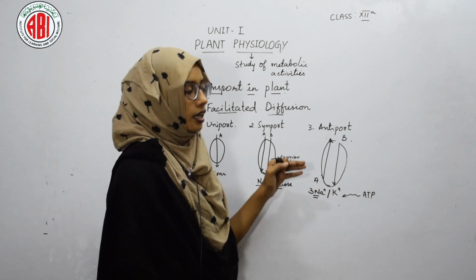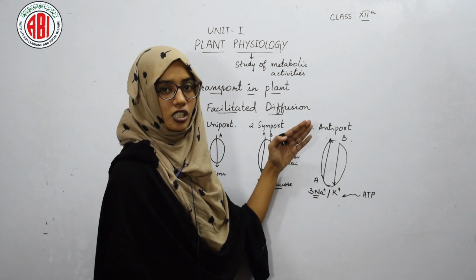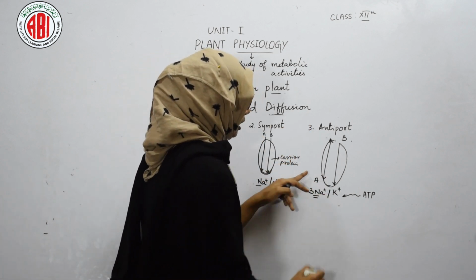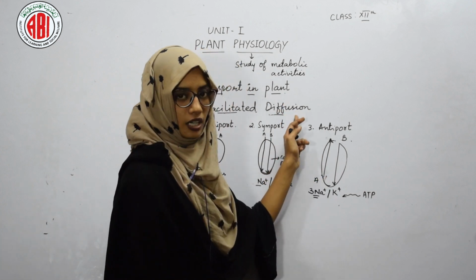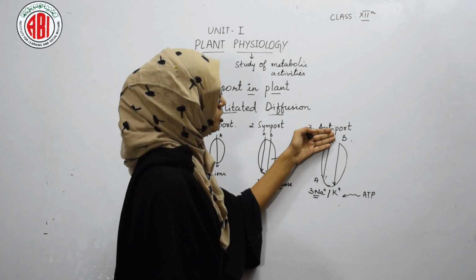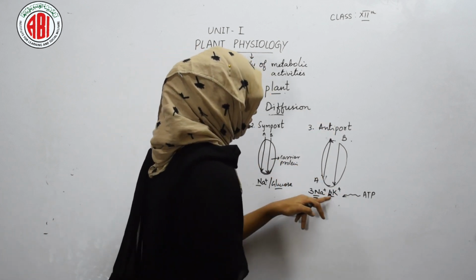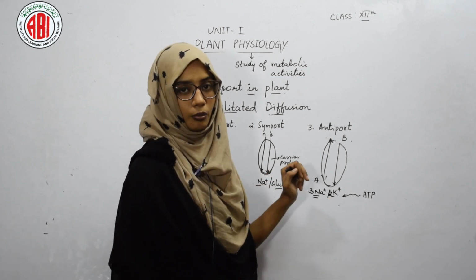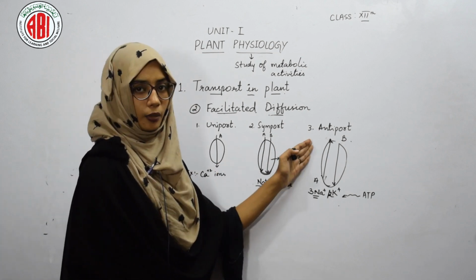Hence, it shows that two different molecules are transported in two different directions. Therefore, we can see that the sodium ions are transported outside the cell membrane, and the potassium ions are coming inside. Two potassium ions are allowed to get inside the cell by the use of one ATP molecule. So, this is about uniport, symport and antiport.